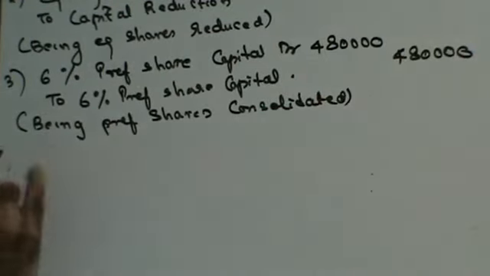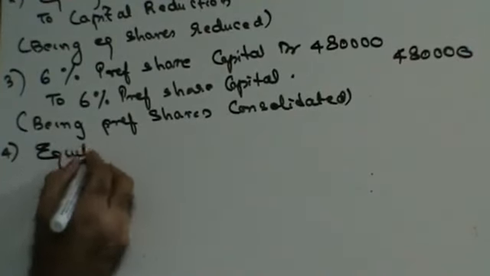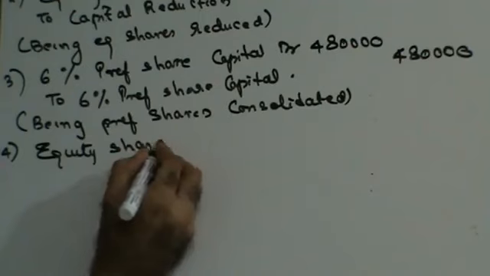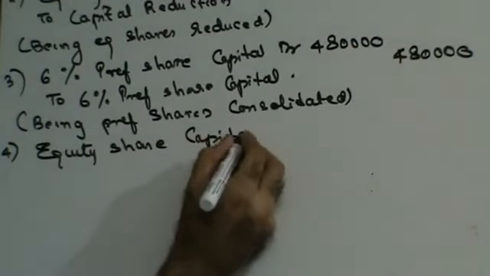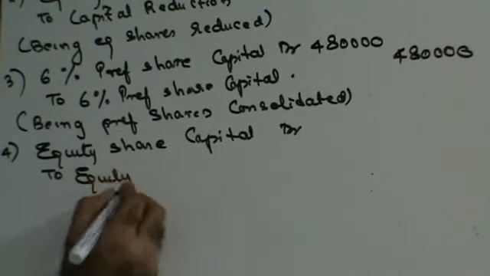Then same way you have to consolidate equity shares. Debit what comes in? Equity share capital account debit. The old equity shares will come in to equity share capital.